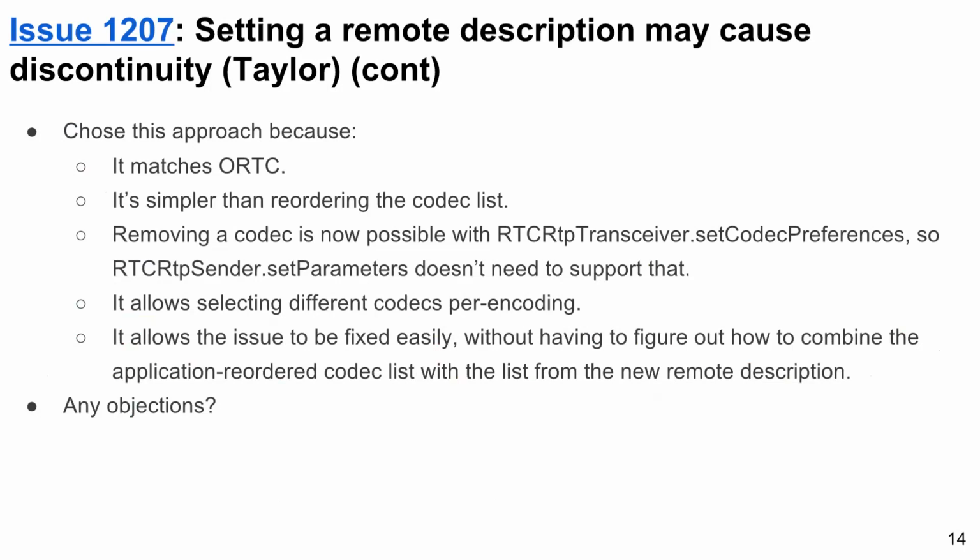So now the only thing set parameters needs to allow you to do is select the sent codec. The codec payload type approach seems like a simpler way to do that. And one more thing to note is that I put this on RTP encoding parameters in the PR, which matches ORTC, but that means it would now be possible to select different codecs per encoding.